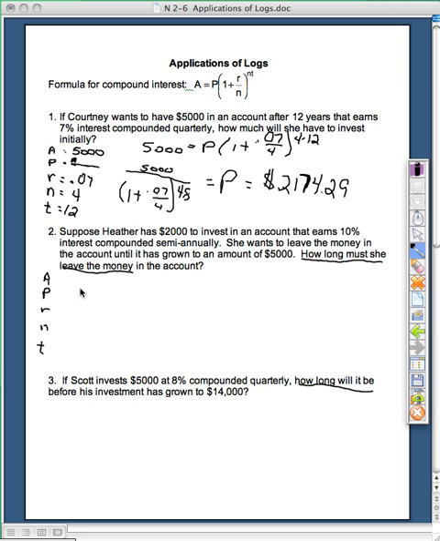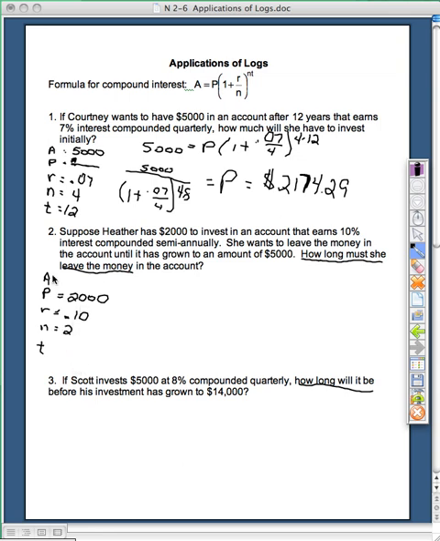Suppose Heather has 2,000 to invest. The amount you invest is your principal. So that's 2,000. Earns 10% interest, so 0.1 is your 10% interest. Semi-annually means it's twice a year, so the number of compounds is 2.